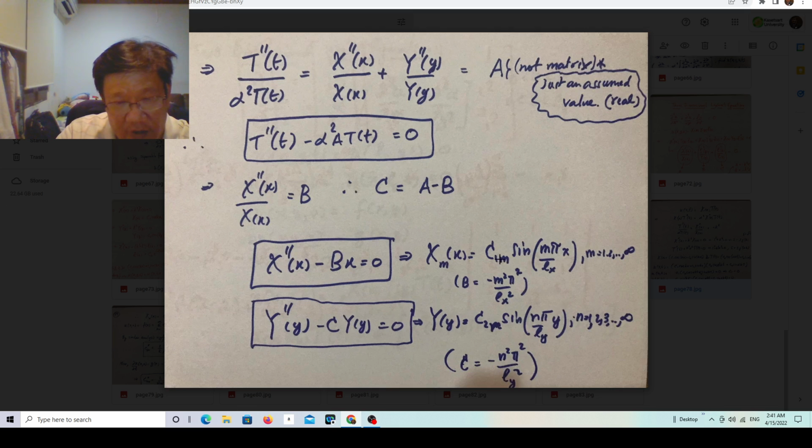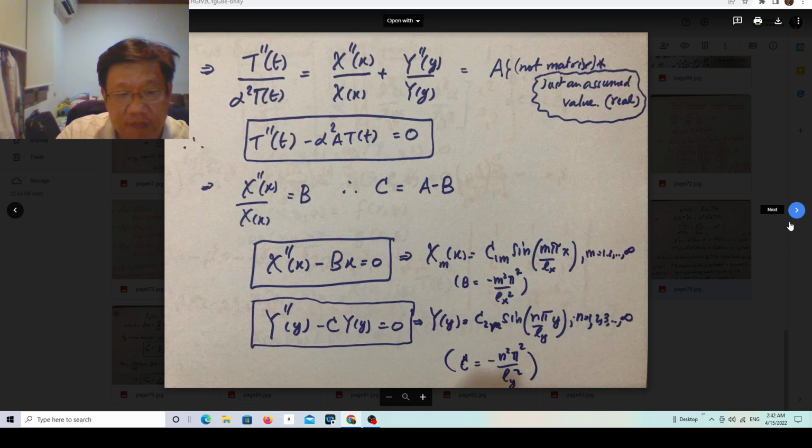With the boundary condition, you get this x function with c1 only. You have no c2, because of the boundary condition, and b has to be equal to a minus value, and c has to be equal to a minus value, both of them, because otherwise it's going to be a trivial solution. So you get the x function and y function, and this one should be y sub n. I forgot the subscript n here. This is x sub n and y sub n.